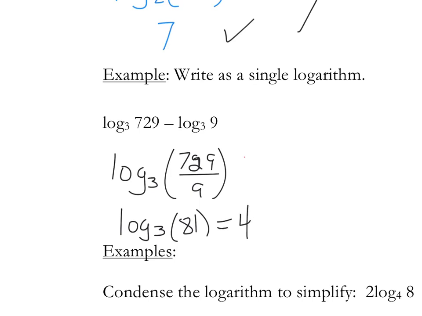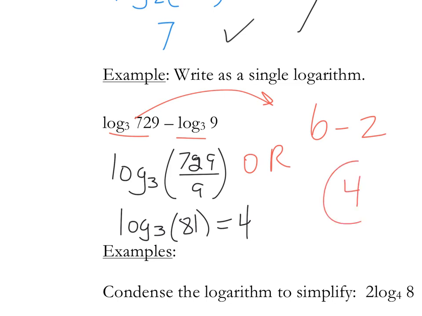I can do this another way. I can just evaluate each of these individually. 3 to the 6th power is 729, so this here is just 6. 3 to the 2nd power is 9, so I can evaluate this as 6 minus 2, or 4. Again, we've checked to see that our rule works.